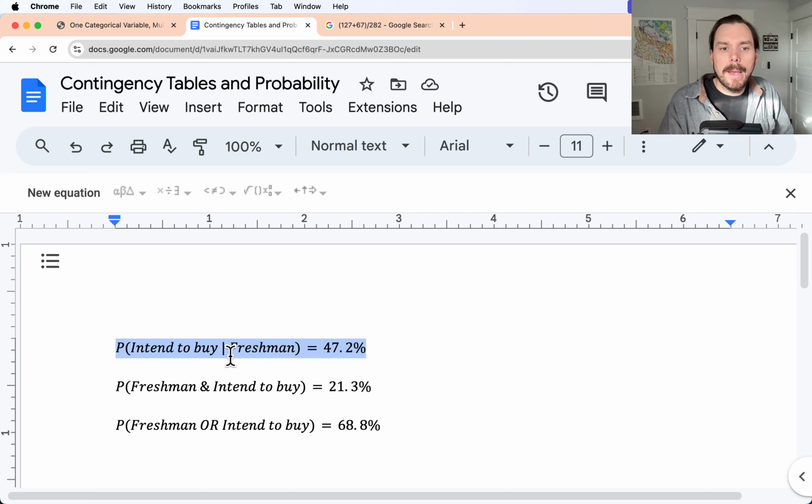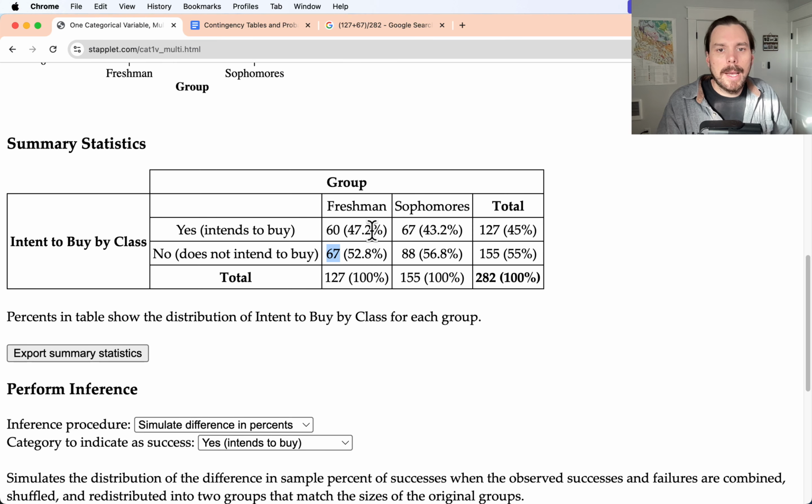If we can compare these variables, we would do it by comparing how this intent to buy changes as we look at different groups. So we can see how the percentage of freshmen who intend to buy are 47.2%. Sophomores is a little lower. It's not a huge difference, but it shows that there's a dependency or a connection between these variables. It's not going to be completely random or completely unrelated.